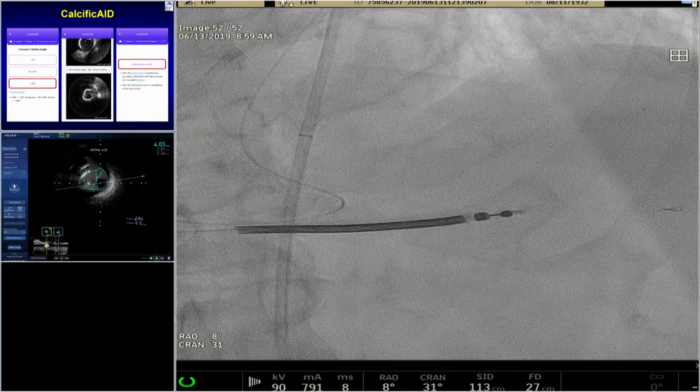But if it's not a very circular calcium, as Dr. Kinney pointed out, rota is probably better, because we have seen some edge dissection with orbital atherectomy. We are ready here. What burr size are you selecting? 1.75. Yes, we are going with 1.75.